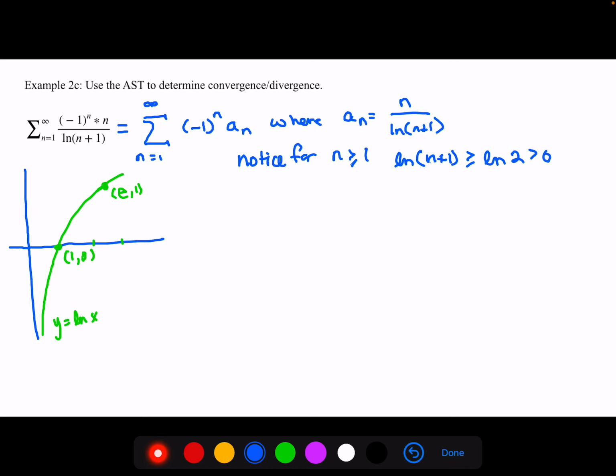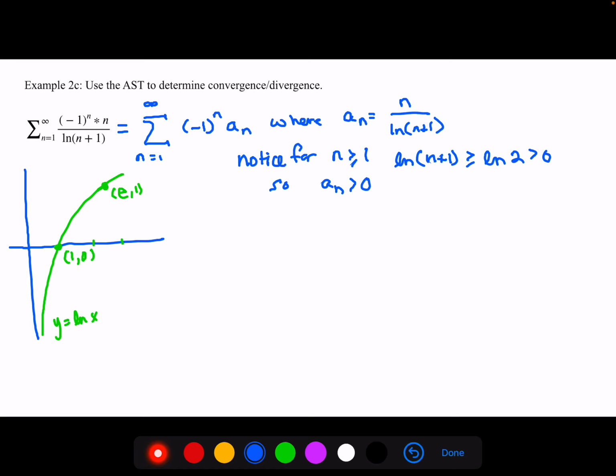Further, since n is greater than or equal to 1, n is positive. So, a sub n is the quotient of two positive values, which makes a sub n positive. And that means we are indeed looking at an alternating series.